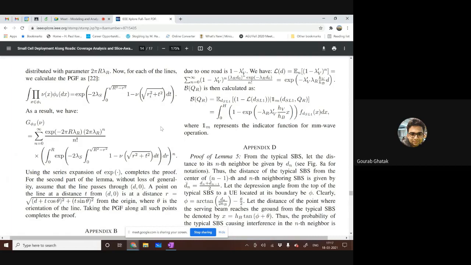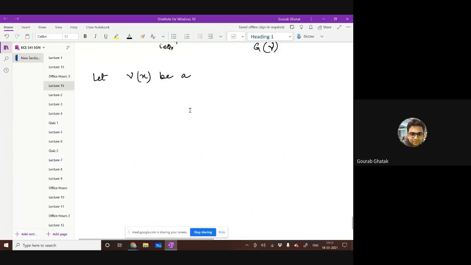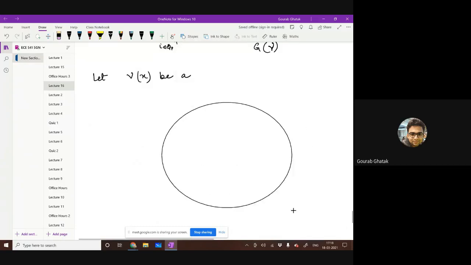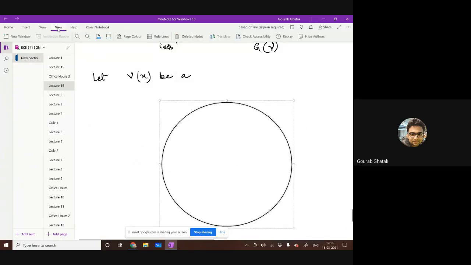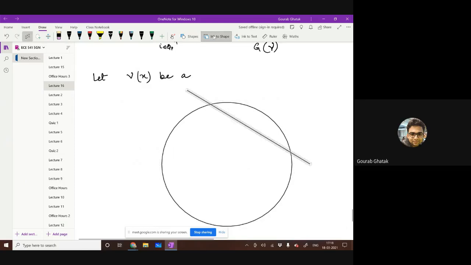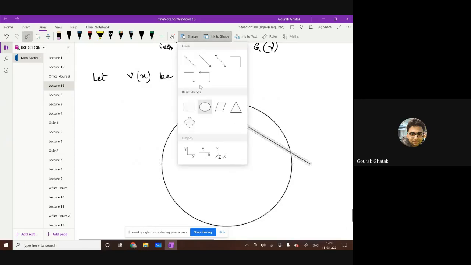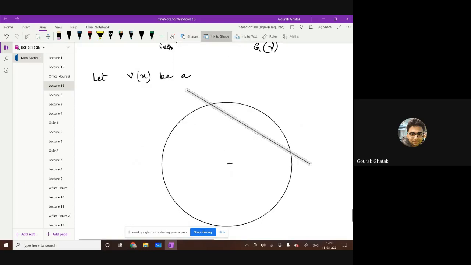Oh, it's clear already? Okay, in that case I will try to draw here. You have a circle like this, and you have a line like that, and you have another line which is the perpendicular from the origin to this line.